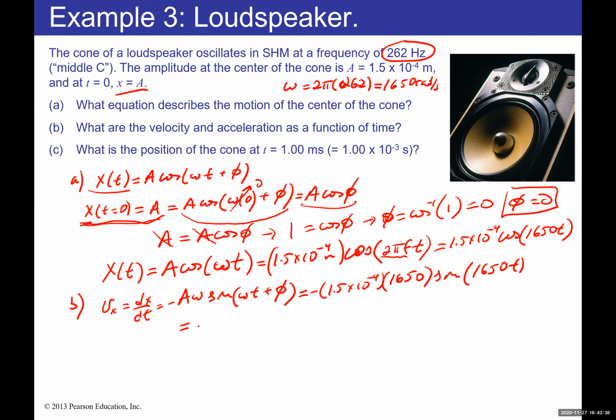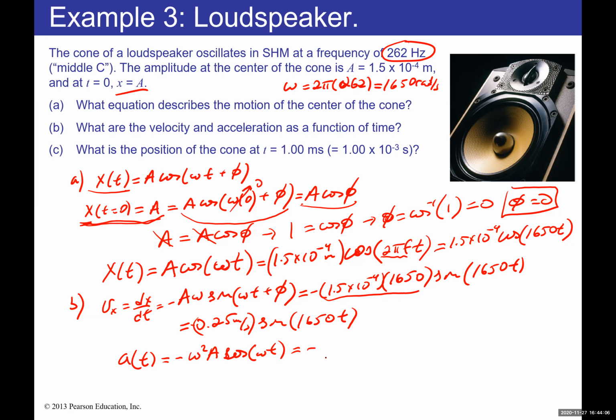If I multiply those two, remember those two together are actually vmax, I'm going to get negative 0.25 meters per second, times sine of 1650t. The same way I can do acceleration as a function of time, which remember ends up being negative omega squared times A cosine of omega t. So this equals negative omega squared, where omega is 1650, squared, times the amplitude.